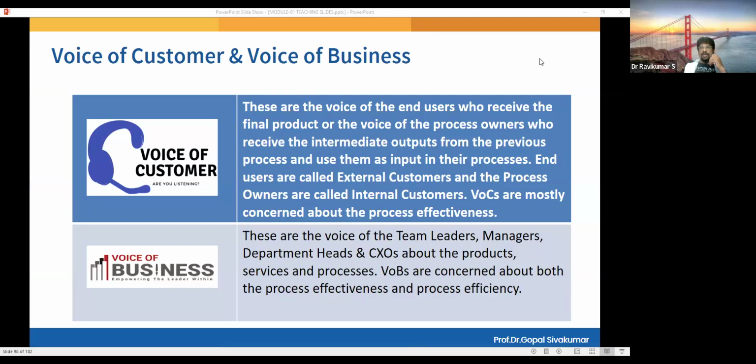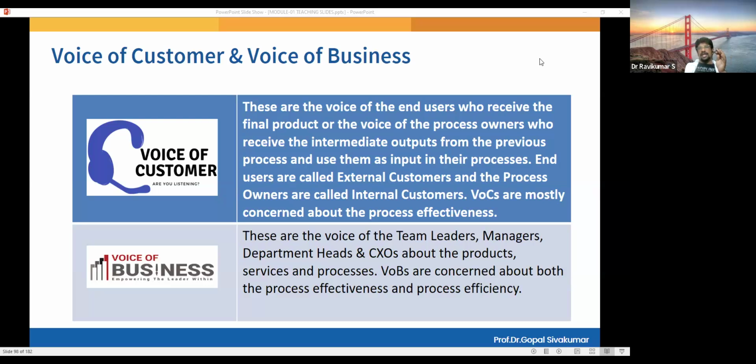The one who receives the end product or the service. Normally the voice of the customer refers to the external customers. That is the one who uses your product directly, uses your process directly, or receives your service directly.